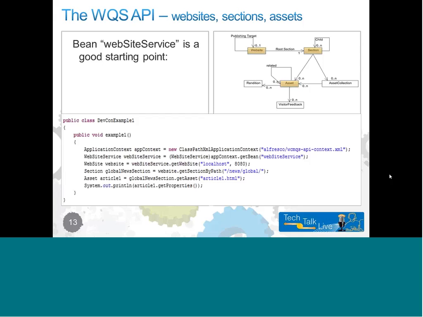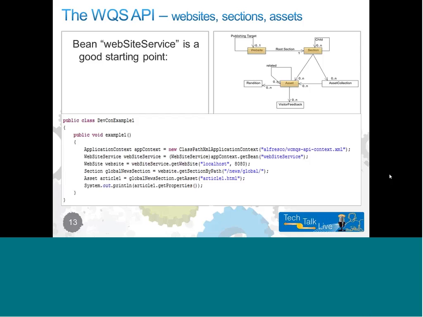Okay, so top right of this slide you can see the same conceptual diagram that we saw before. At the bottom of this slide, you see a little snippet of code that uses the Quick Start API. This particular snippet is showing you a little bit of the API that's around the website, the section, and the asset concepts, things that are highlighted in that diagram.